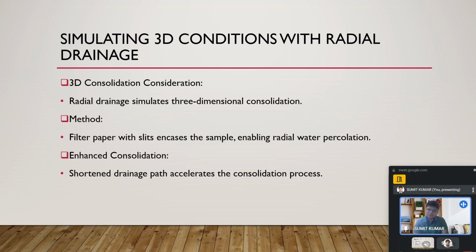So radial drainage simulates the three-dimensional consolidation. The method used here is filter paper with slits around the sample, enabling radial water percolation and enhanced consolidation. Basically, it will shorten the drainage path and accelerate the consolidation process.